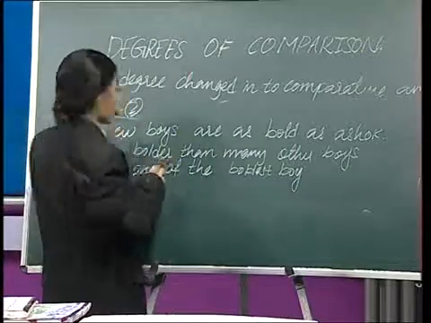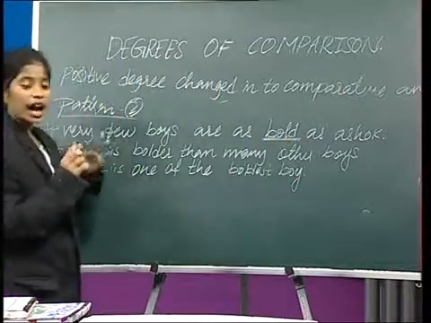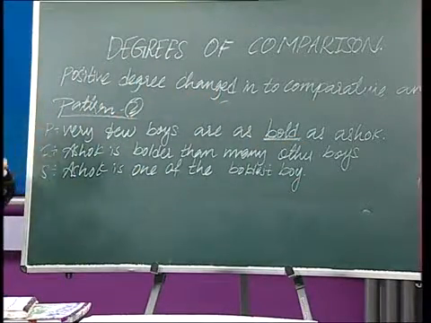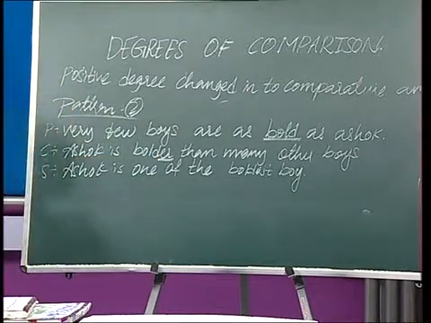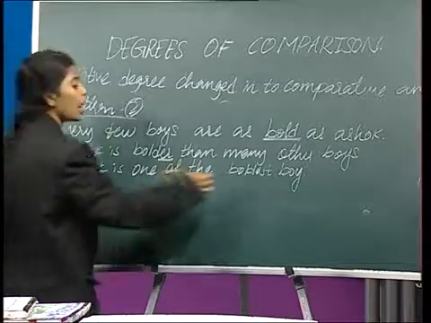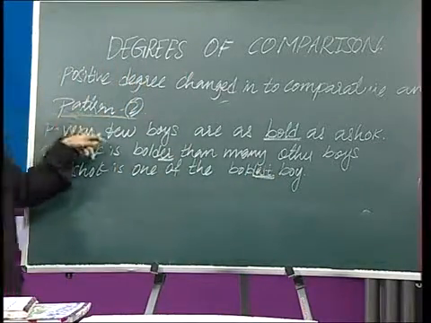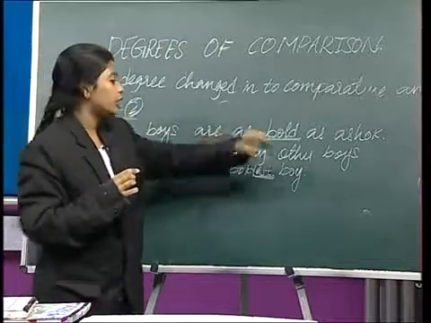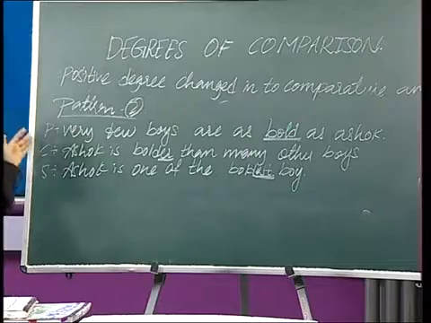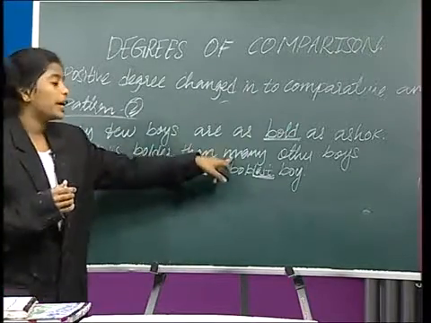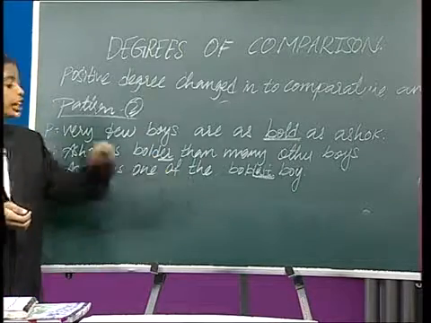Here in the positive form, bold is the adjective, and in the comparative form "er" is added, and in superlative "est" is added. According to pattern 2, here "very few" and "as bold as" is present, in comparative "than many other" is present, and in superlative "one of the" is present.